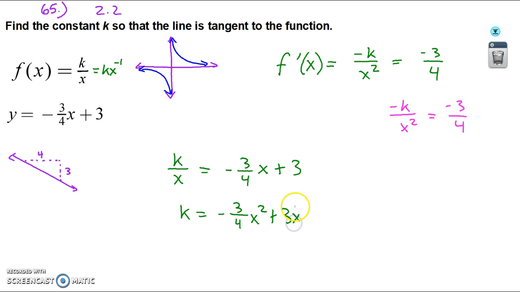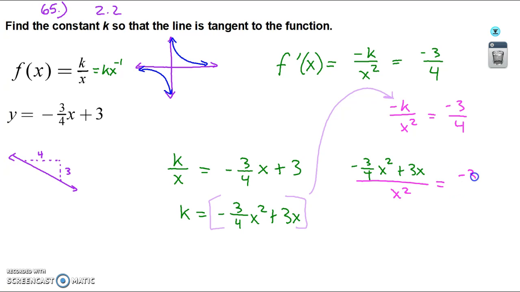I'm going to plug in this value of k, this binomial expression, for k up here. So I'll have negative 3/4 x to the second power plus 3x, all divided by x squared. You set that equal to negative 3/4.